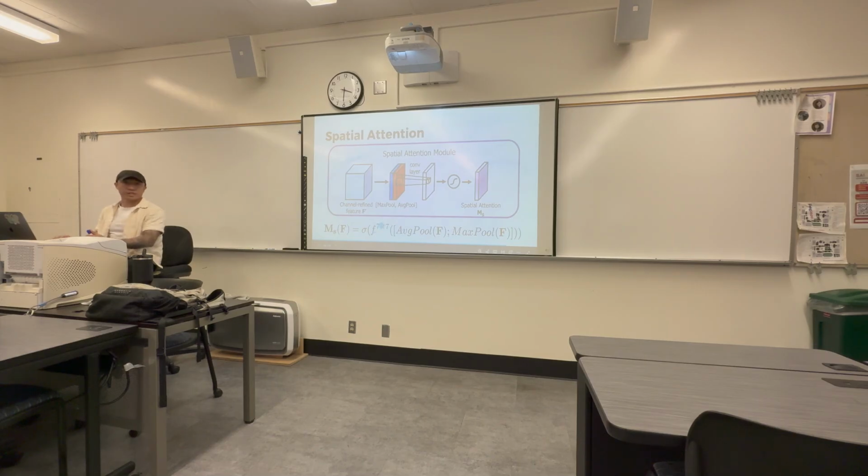In the paper, they use a 7 by 7, so that's why this has 7 by 7. So we're going to be doing a convolution with a 7 by 7 kernel onto this concatenated part here. And the sigmoid is this right here. And so this is this.